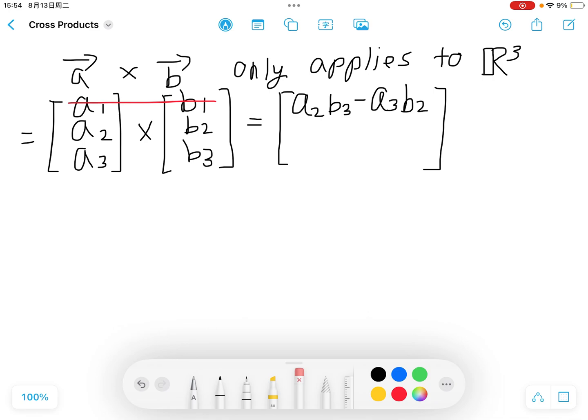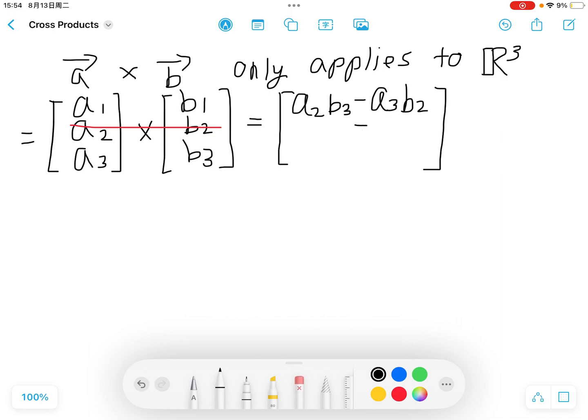The second component, you ignore the second row. We're really tempted to do A1 times B3 minus A3 times B1. But the exact process is the opposite. So we take the negative of this.